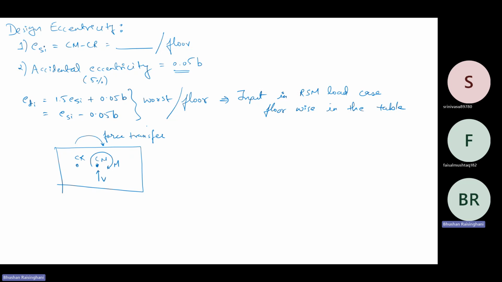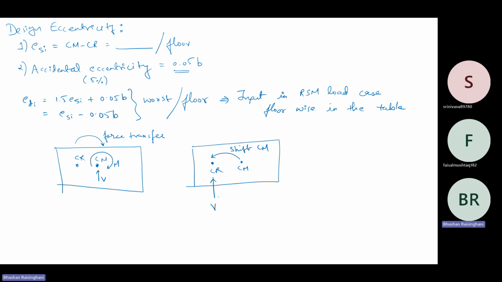The only thing that happens is you have shifted the CM point over to the CR point. So this point is shifted here, and now lateral force only will act here.